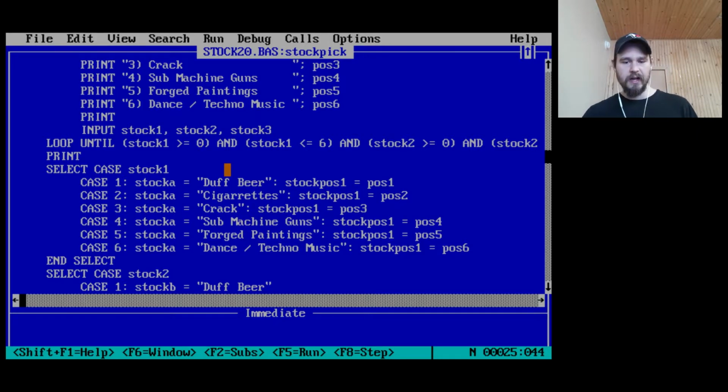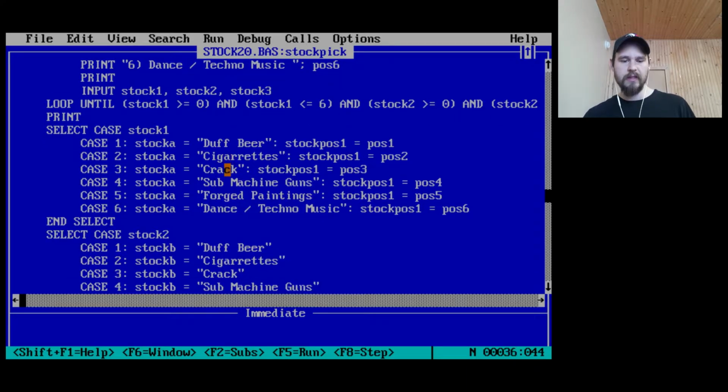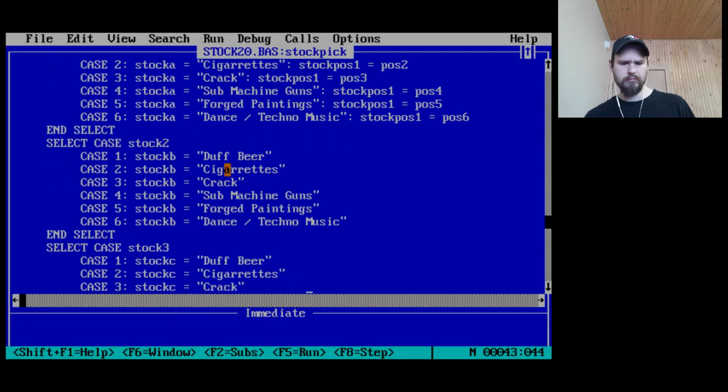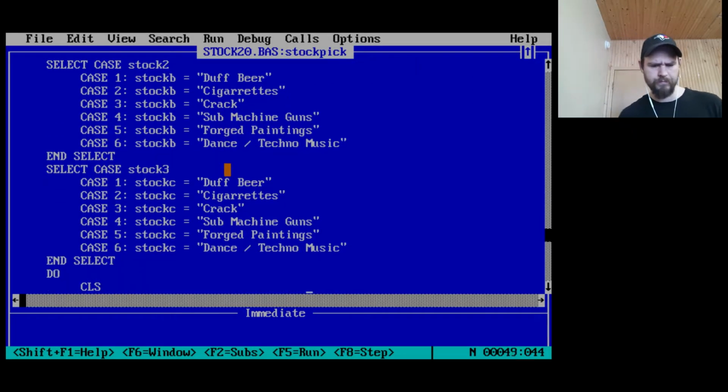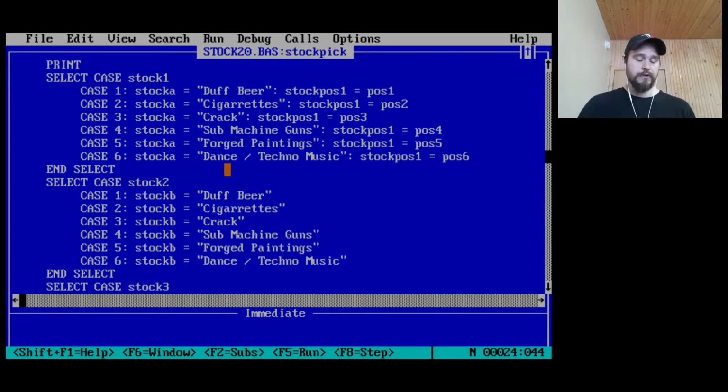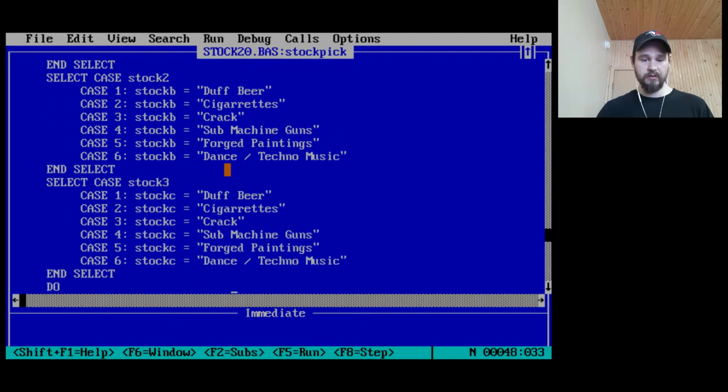Simple as that. And do it for each case here. So for stock 1, I set stock pause 1 to the position of the stock, but for stock 2, I don't do that. I just set the name. For stock 3, I just set the name. Okay.